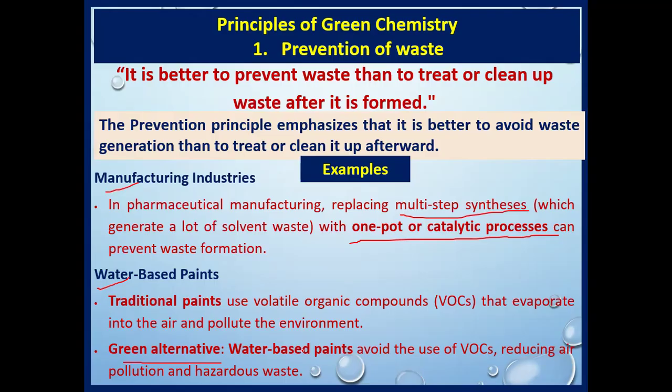So basically, prevention of waste focuses on avoiding waste generation. That means it reduces the processes in which harmful chemicals are mixed into the environment at the source itself. So basically we can modify the process to reduce waste generation in the environment.